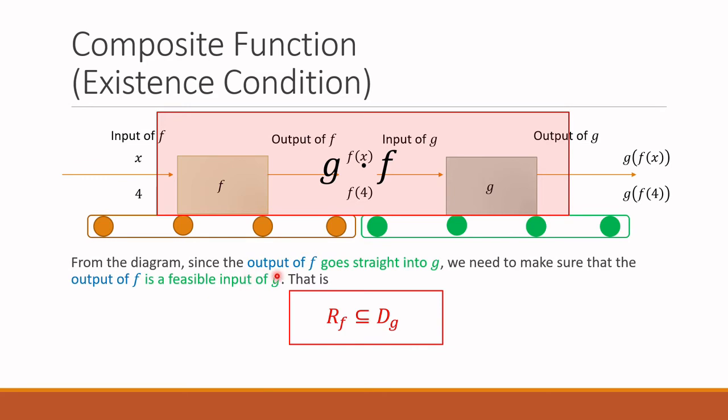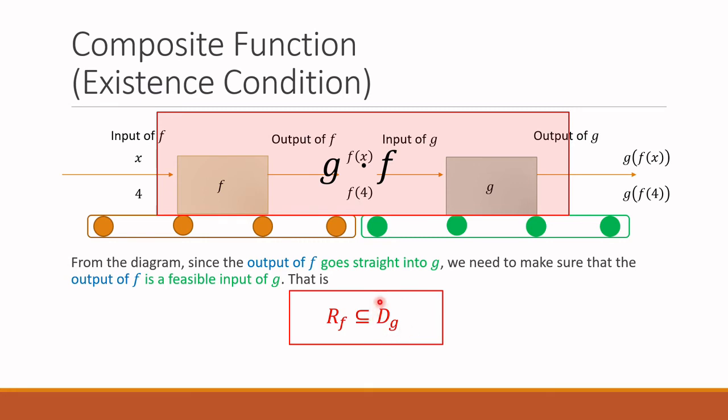We need to make sure that the output of f, because it goes straight into g, is a feasible input of g. The output of f is what we call the range of f. I need to make sure that this range of f, this set of outputs, is a feasible input for g.